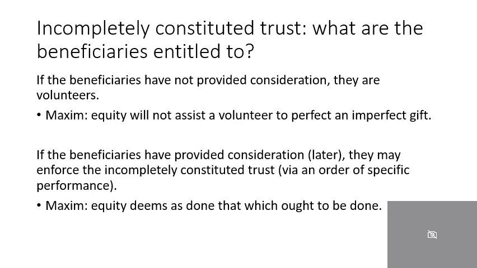Okay? Right. So the settlor and the trustees have signed this deed. And in the deed, the settlor had promised to transfer the house for this trust. But the settlor hasn't done so yet.